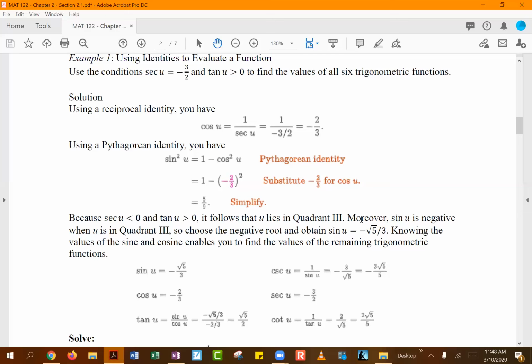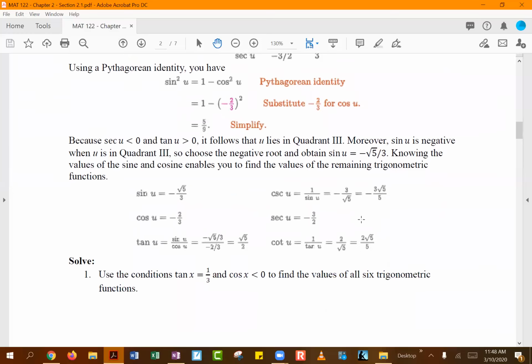They actually gave us the secant of u function, so we know that's -3/2. So technically, you are not finding 6, but 5 functions, I guess. And then take the reciprocal of the tangent function to find your cotangent function, and you've got cotangent of u equals 2√5/5. Again, we're basically rationalizing that denominator.